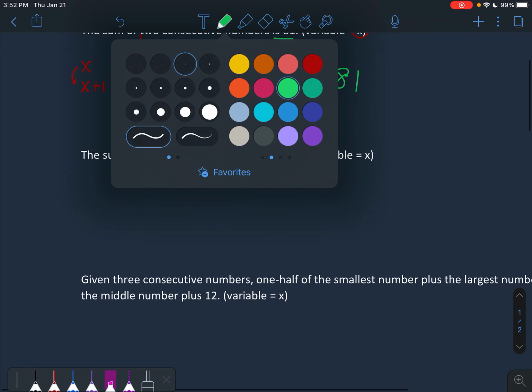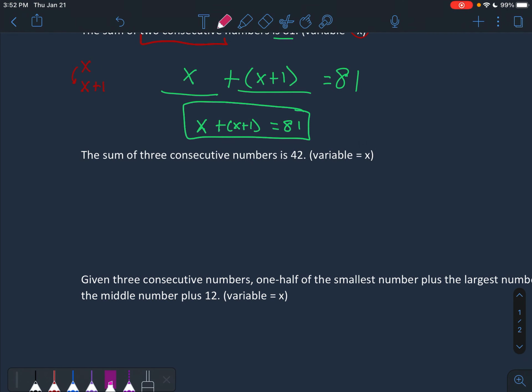The sum of three consecutive numbers is equal to 42. So if I start with x, the next number up is x plus 1. The next number up, add another 1 to that, is going to be x plus 2. And I'm taking the sum of three things. We're going to add up three things, and it's going to be equal to 42.